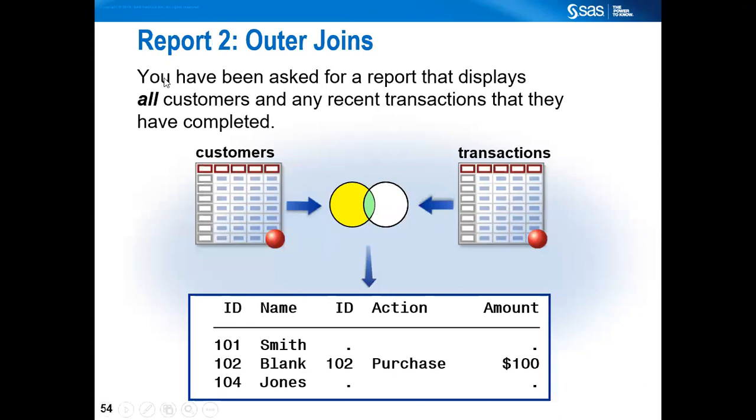So look at this. You have been asked for a report that displays all customers and any recent transactions that they have completed. All customers with recent transactions. Understand the question, understand the report carefully. We know we have a table for customers, we have a table for transactions, all customers and recent transaction.